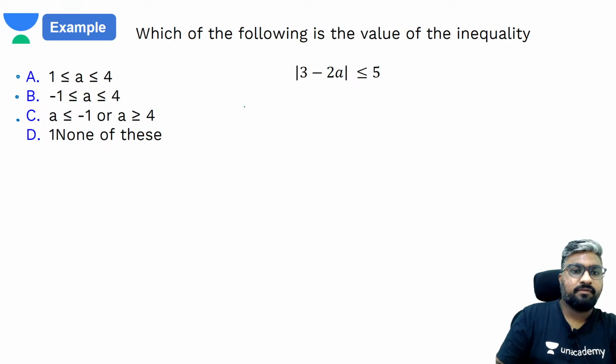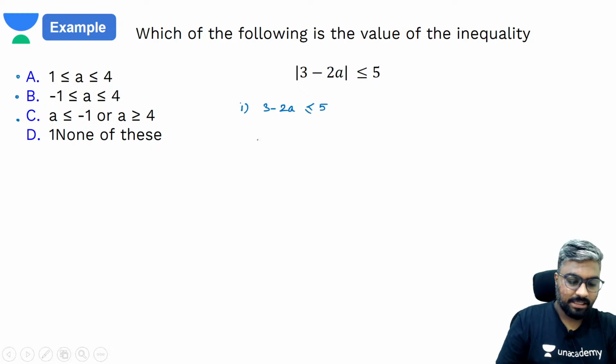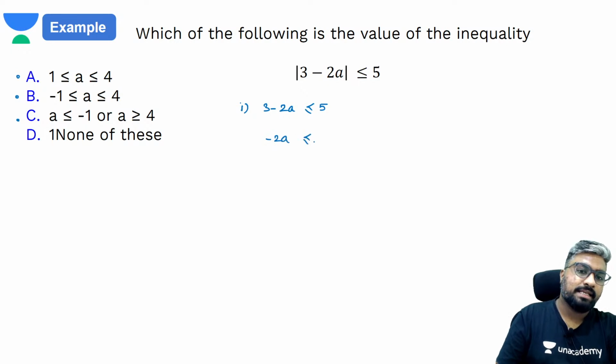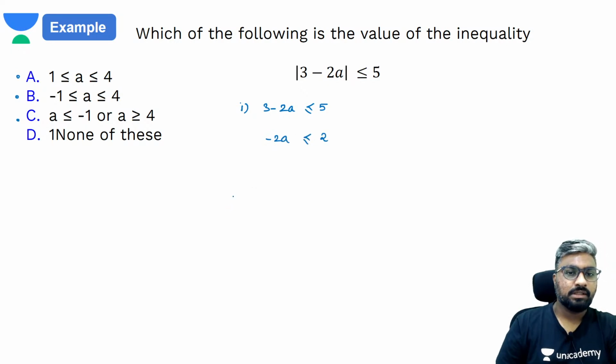Okay, so let's do it. First type will be what? 3 minus 2a must be less than or equal to 5. Subtract 3 on both sides, you will get minus 2a less than or equal to 2. Now you have to divide by minus 2. If you have to divide by a negative number, what will happen? The sign will flip.